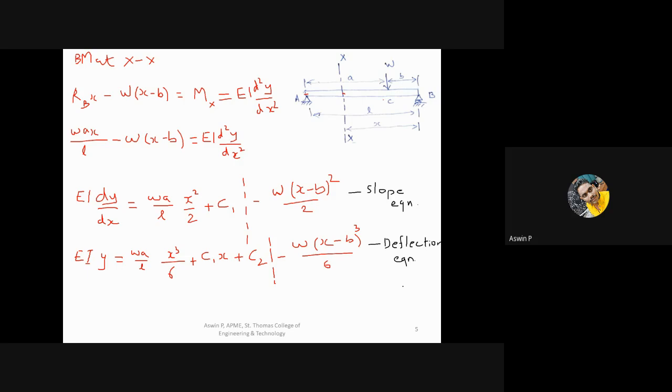These are the two equations. The first one is the slope equation and the second one is the deflection equation.